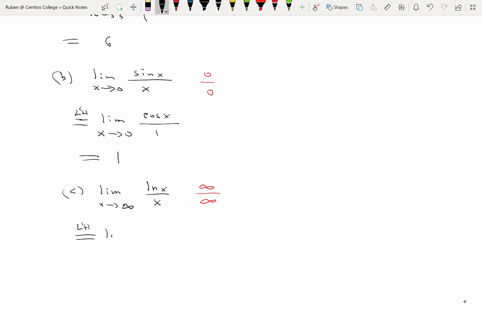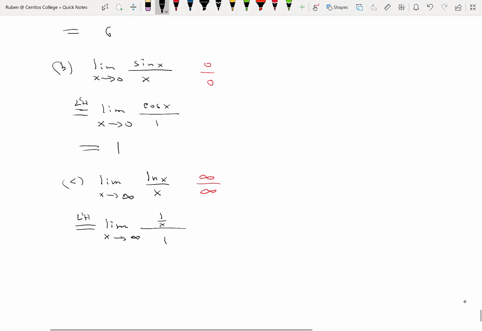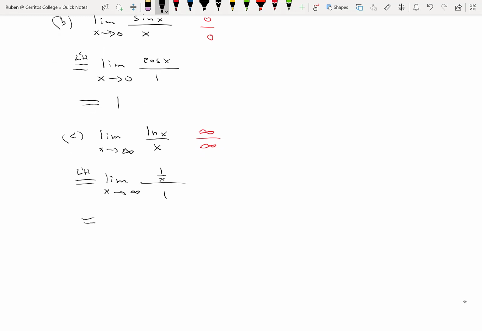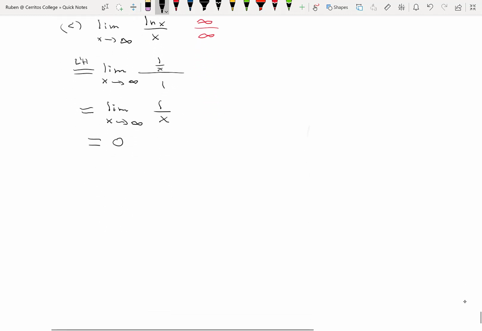If we apply L'Hopital's rule, the derivative of the natural log of x is 1 over x. The derivative of x is 1. You probably get this last limit without doing another step, but I'll put 1 in. If you remove the over 1, as x gets large, 1 over x gets small. So this limit is 0, okay, which is what we expected.